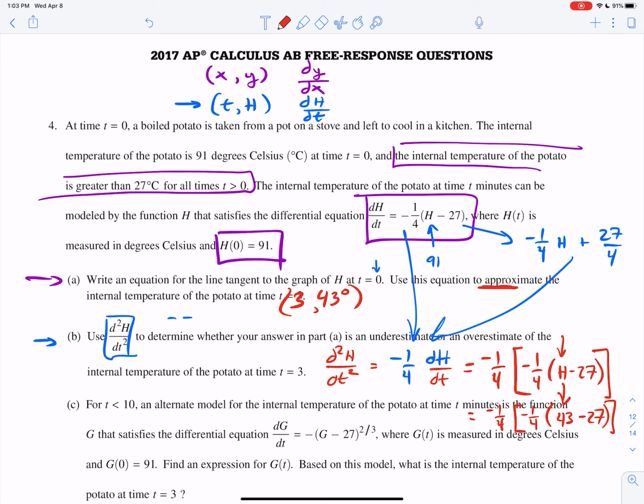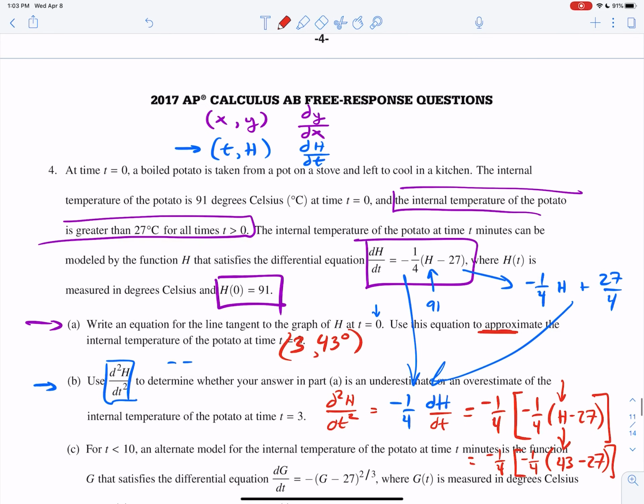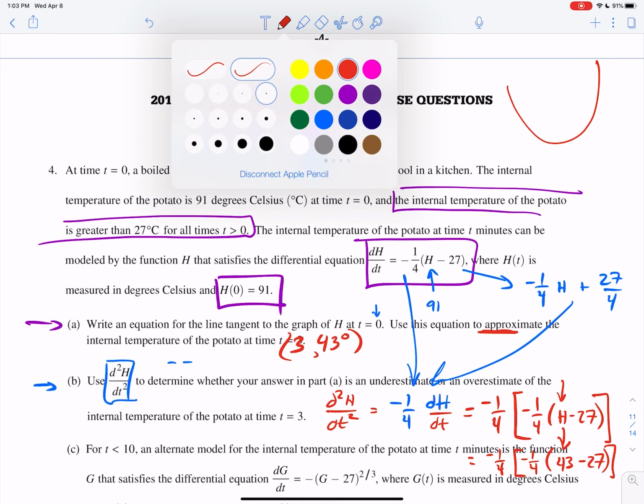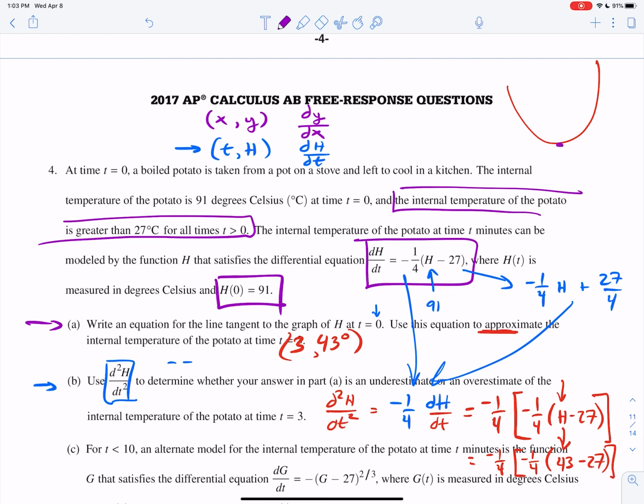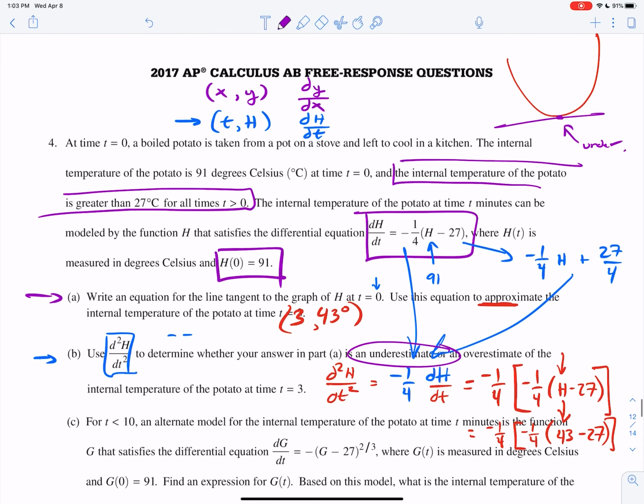We don't need to compute all the way through, but the second derivative here is going to come out positive. I'll give you guys a second to think about that. What does it mean when the second derivative is positive? You know the function is concave up, meaning your tangent line approximations are going to be under. There you have it, you know it's going to be an underestimate.